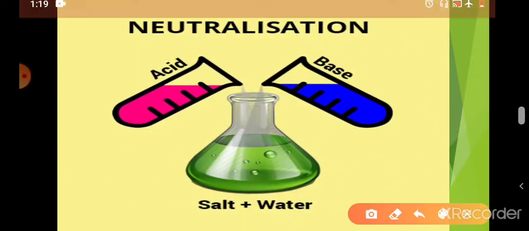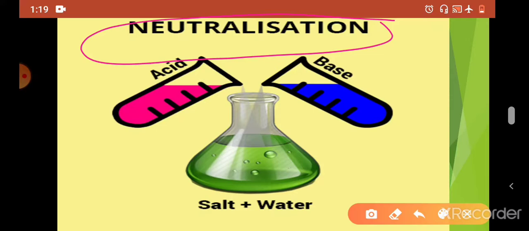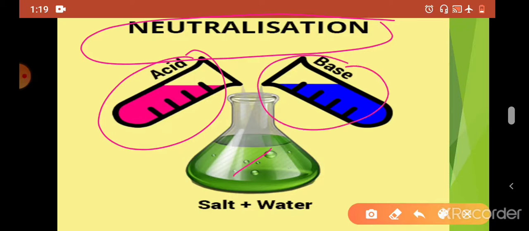This is called neutralization reaction, which was introduced in the trailer part. Here we can see when acid and base are mixed together, we get salt plus water. We have studied these reactions, I think, in previous standards.